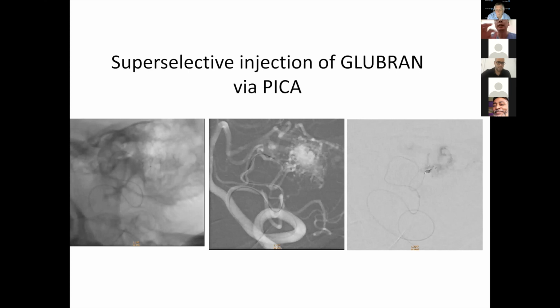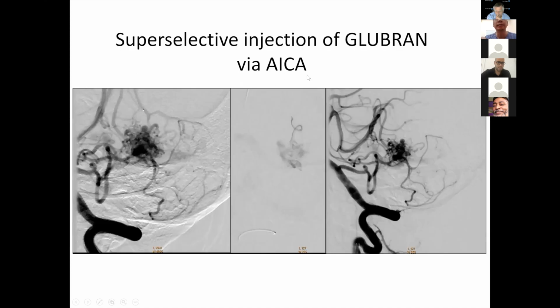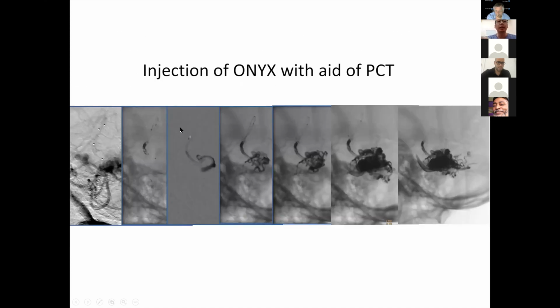First, I occlude the main feeder by injection of glue from PICA and then from AICA. And eventually, I navigate a microcatheter inside the branch of the superior cerebellar artery.